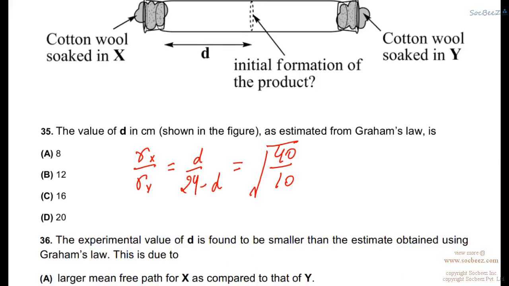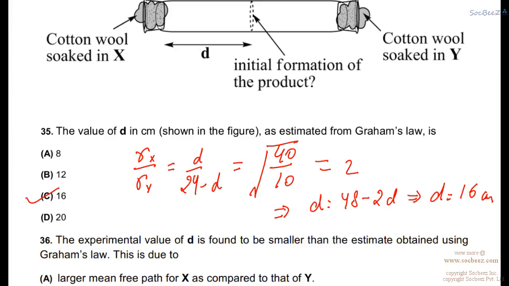So this will be equal to 2. From here we can say that d equals 48 minus 2d, which gives us d equals 16 centimeter. So the correct option is option C.